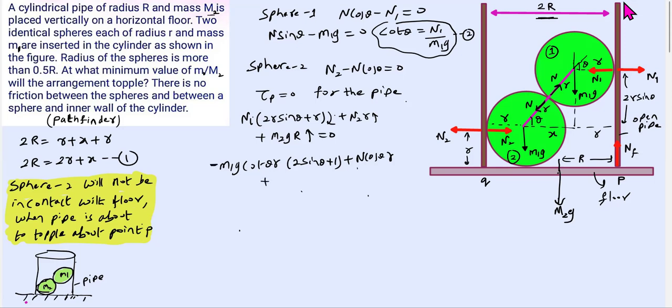This will be as usual equal to 0. So now substitute the value of this N also. We have substituted N2 as N cos theta, then N cos theta I can write as N1.